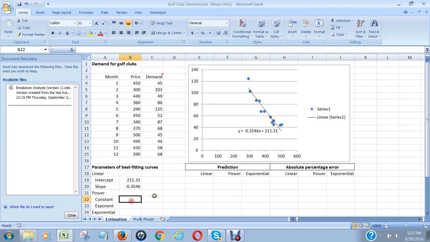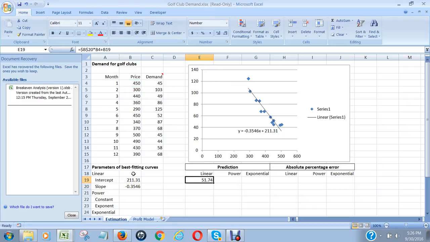Okay? When you have that, then what you've got to do is make a prediction of what each one of these prices would be using this formula, of what the demand would be based on these prices using this formula. So you're going to go like this. You're going to go the slope, which is 0.35, make it absolute by pressing the F4 button, multiplied by the price, plus the intercept.